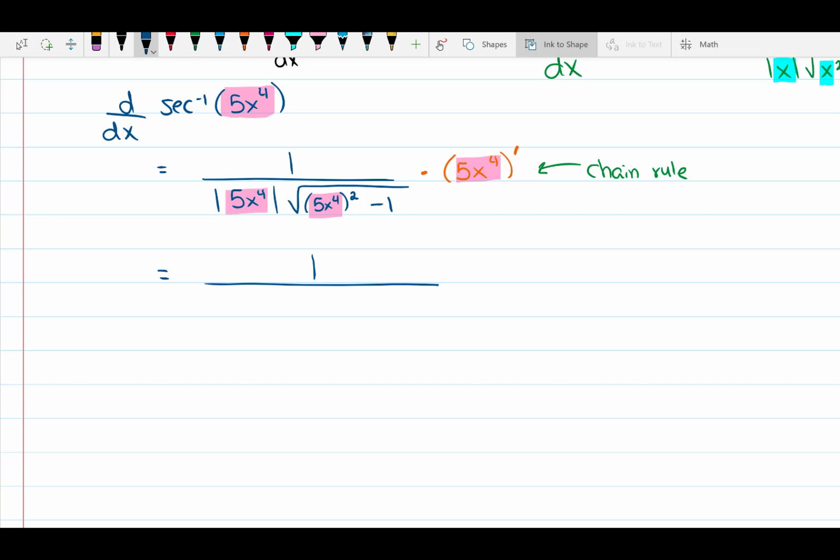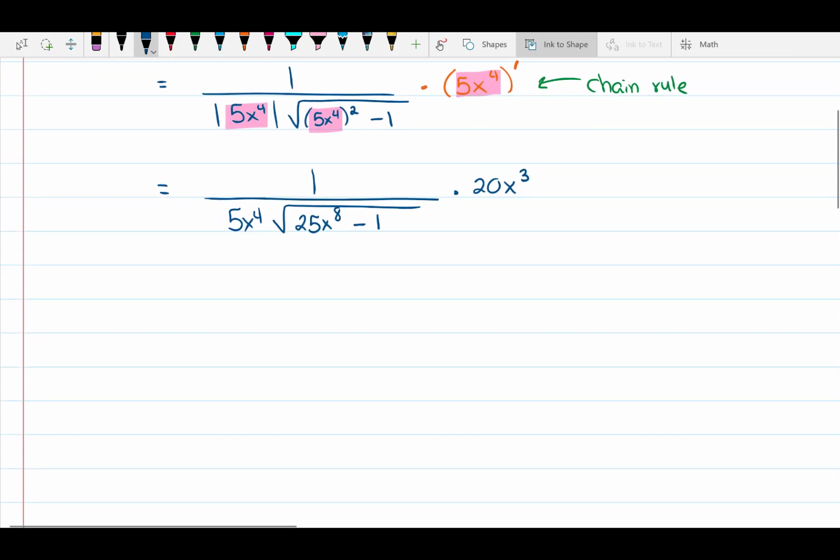If it was something like x cubed, we might not be able to do that. So we get 5x to the fourth times the square root. Now 5x to the fourth squared would then be 25x to the eighth minus 1 times 20x cubed. And that's the derivative of 5x to the fourth.